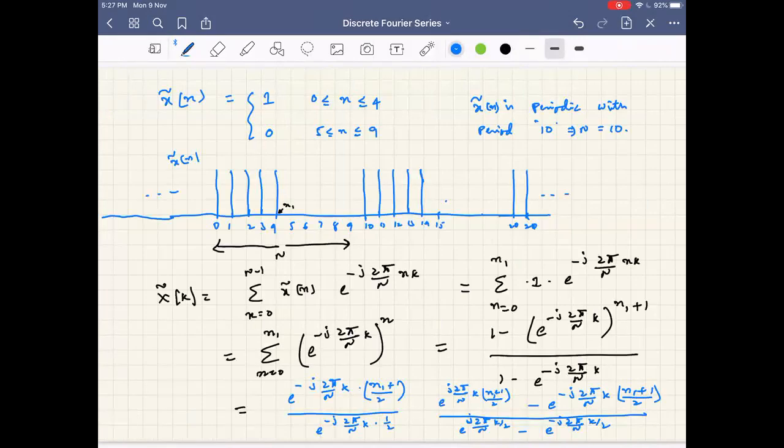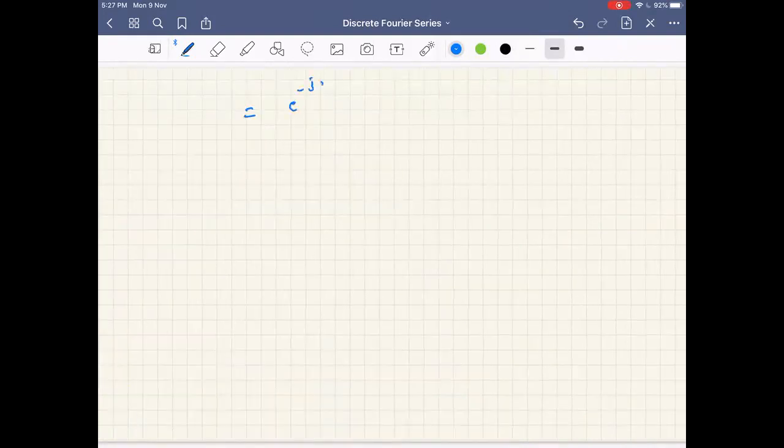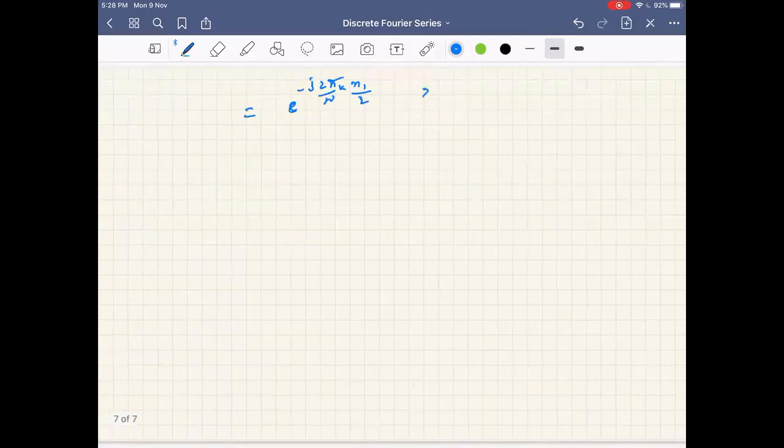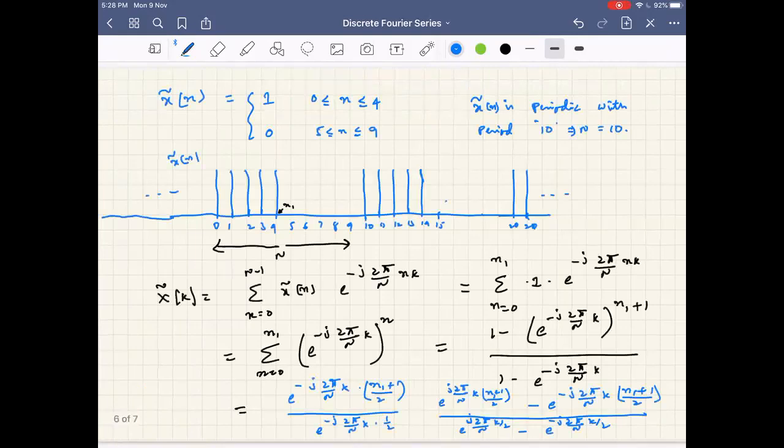What is this? So the half goes out, and it will be simply e power minus j 2 pi by N into n1 by 2 into k. This is the numerator term. And now, the numerator and denominator terms are 2j into sine of this, and similarly 2j into sine of this, so the 2j gets cancelled. Recall e power j theta minus e power minus j theta is 2j sine theta.